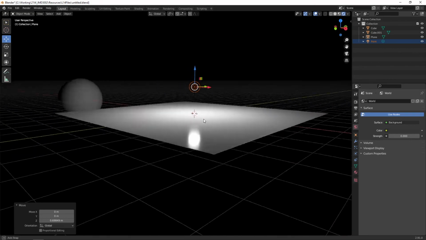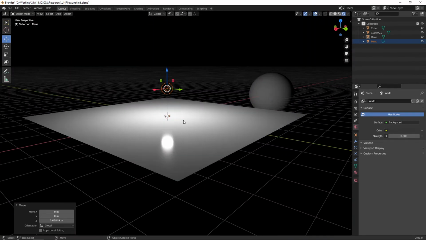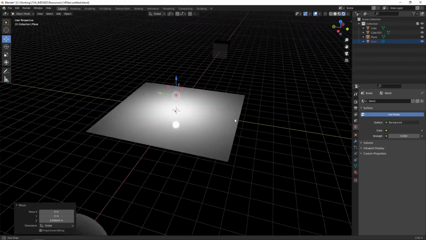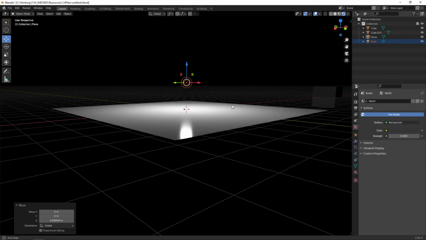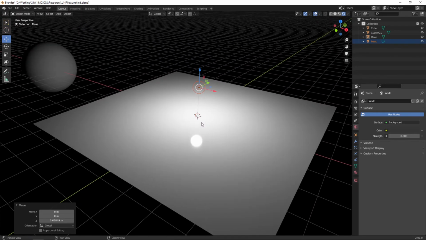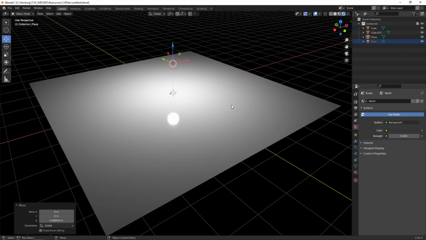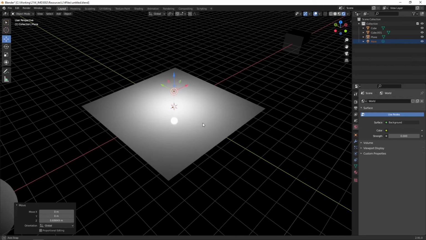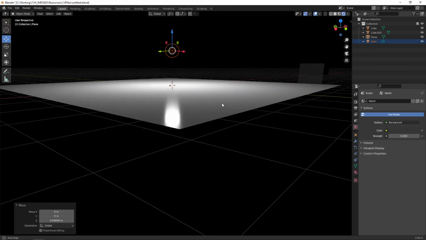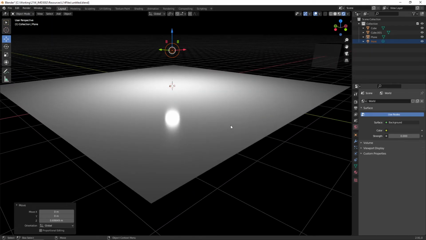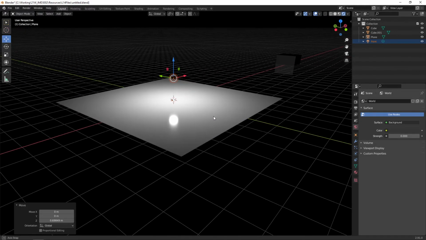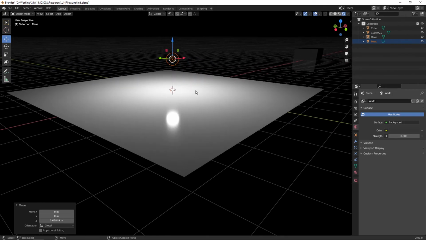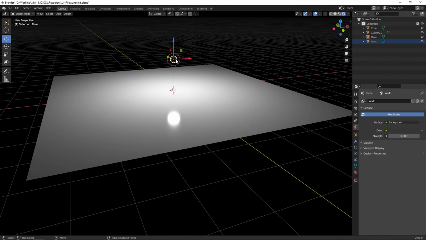It doesn't matter where we move our camera, that specular highlight is going to follow us around. And so what we can see here is that the specular reflection is based on the view vector, the position of the camera in this case, the virtual camera we're working with, and the ideal reflection vector for this light source in its given position.